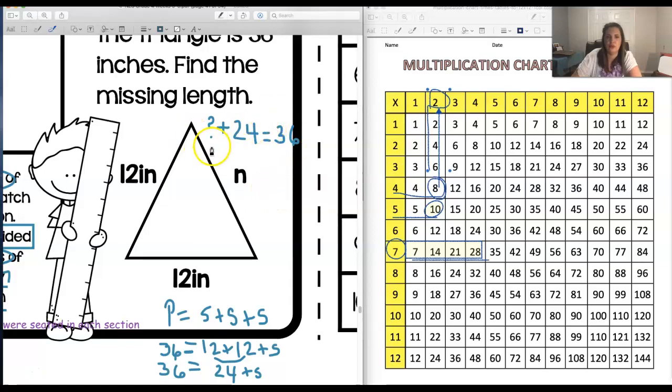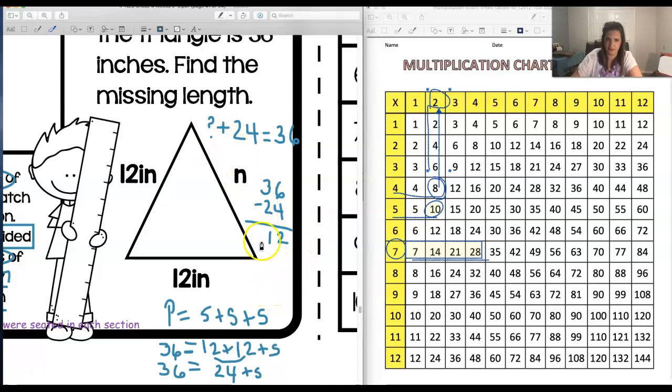So to find the question mark, you're going to take the addend that you know, 24, and subtract it from 36. So I'm going to say 36 minus 24. 6 minus 4 equals 2. 3 minus 2 equals 1.